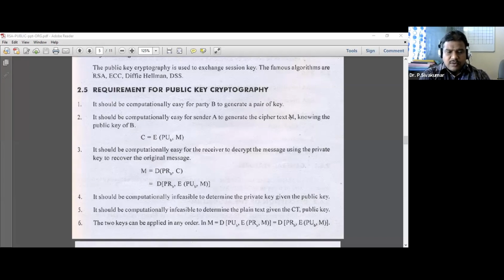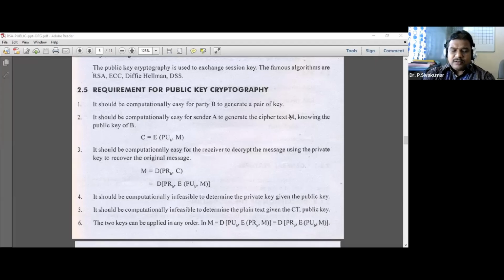That is the strong point of the public key cryptographic algorithm. Another requirement is that it should be computationally infeasible to determine the plain text given the ciphertext and public key. Suppose you have some ciphertext and a public key value, it is still not possible to get the plain text.